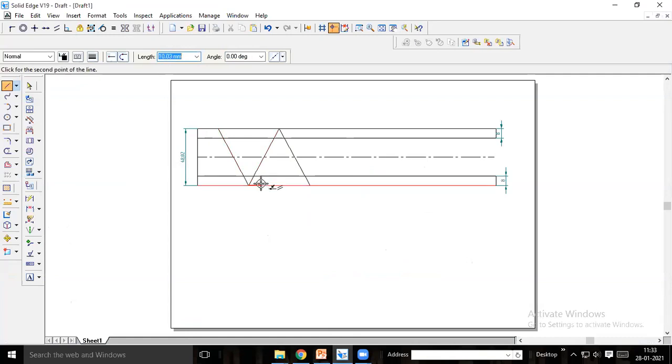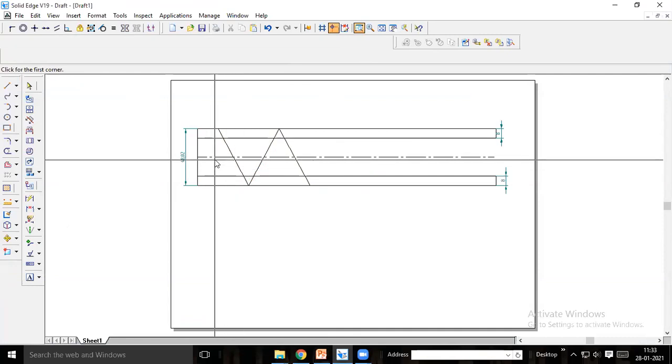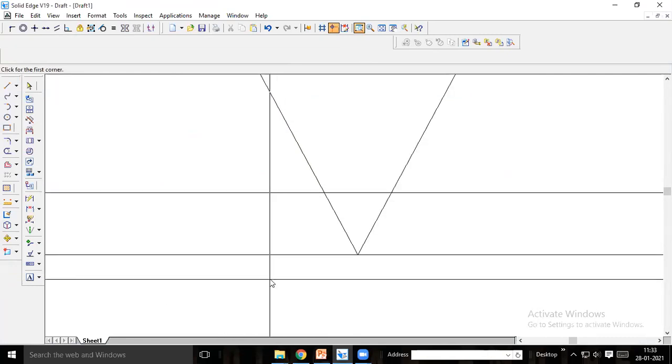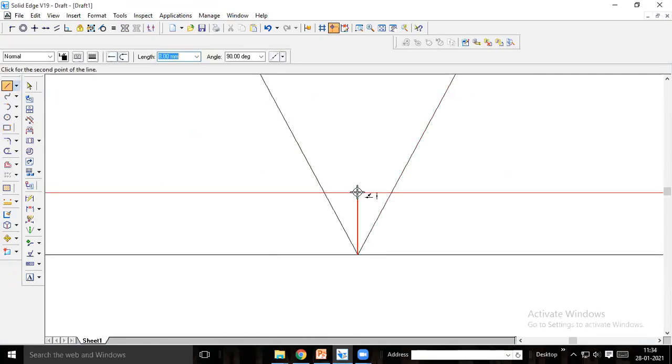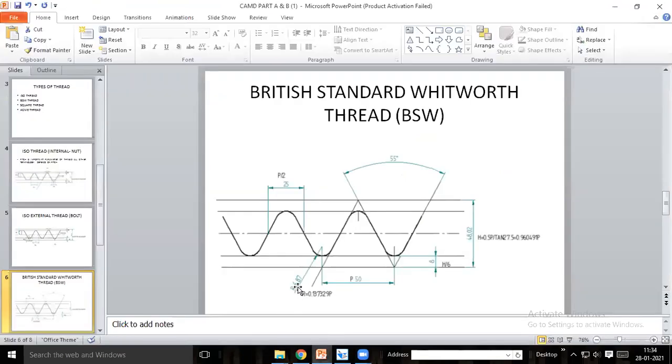You just extend this line, I will zoom this profile up to here. If you calculate that, take down this formula: 0.137329 into P, P value 50, will give 6.87.